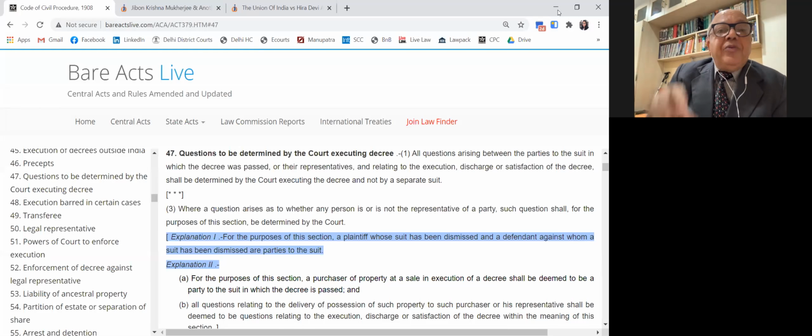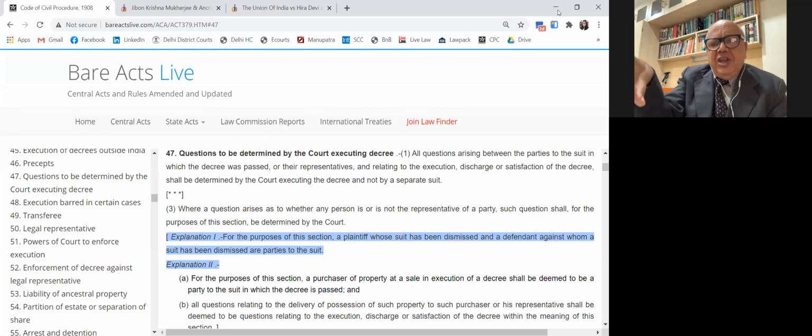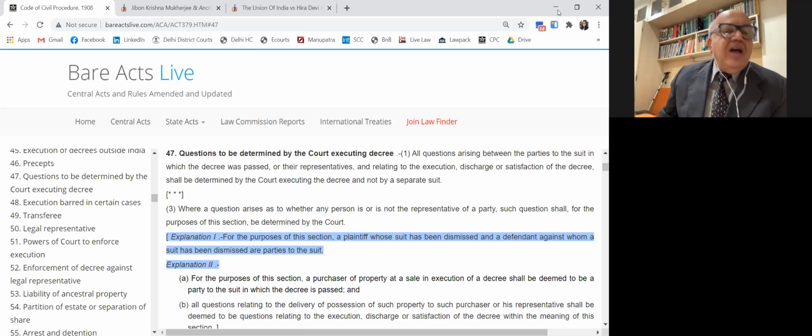Then obstruction proceeding under order 21 rule 97 वो ले लेंगे. Then how the court in the obstruction proceeding or execution proceeding determines the right title interest of the parties under the provisions of Order 21, Rule 101, 102, 103, like a 106 last. Okay? That next lecture on Friday will be the last lecture on execution.